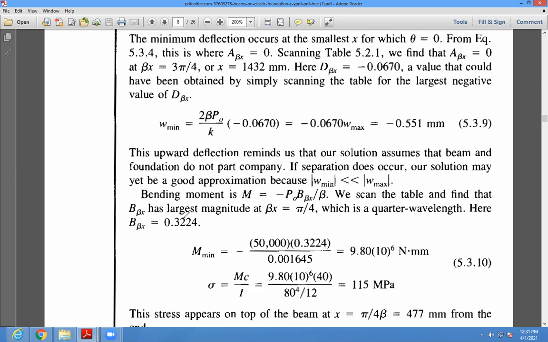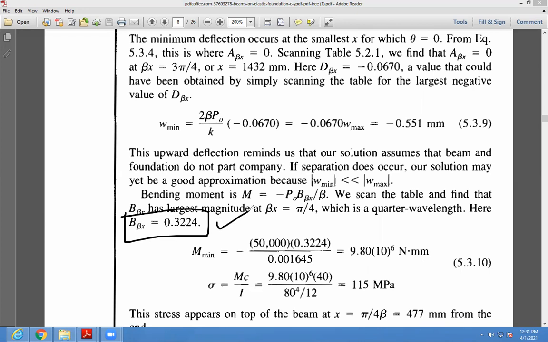The wavelength points are pi by 4, pi by 2, 3 pi by 4, and pi, like that. So at beta x equal to pi by 4, b beta x equals 0.3224.